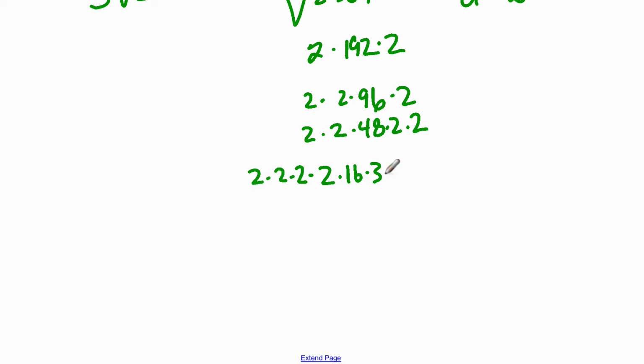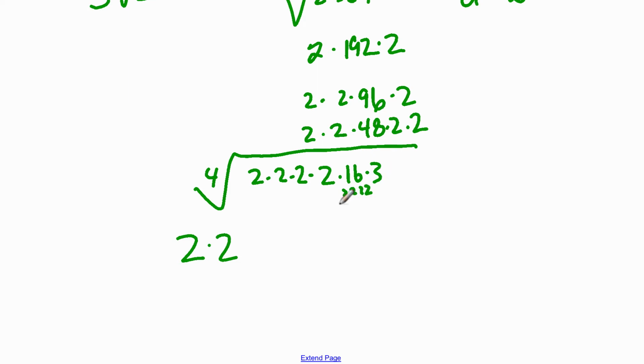2 times 2. There. Now, if all of this is under the 4th root, right? So there's 4 2's, I can bring 1 out. 16 is 2 to the 4th, so I can bring another 2 out. If you rewrote 16, it'd be 2 times 2 times 2 times 2. And then there's a 3 stuck in there.